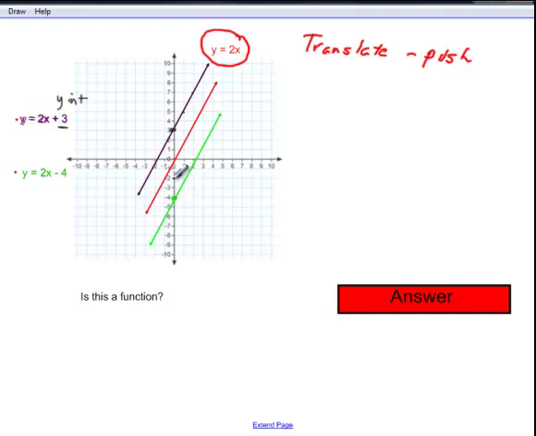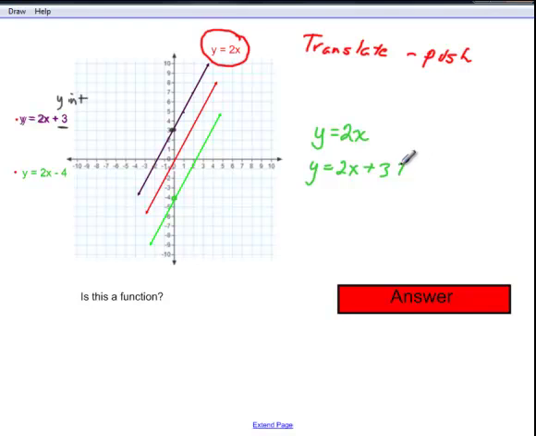And the slope is still up 2 over 1. So all three of these are still functions, because they all pass the vertical line test, and they're a translation or a push of what we call the mama function. Mama was y equals 2x. Then we had a baby, and it was y equals 2x plus 3.